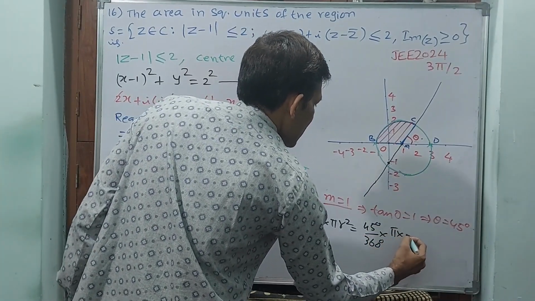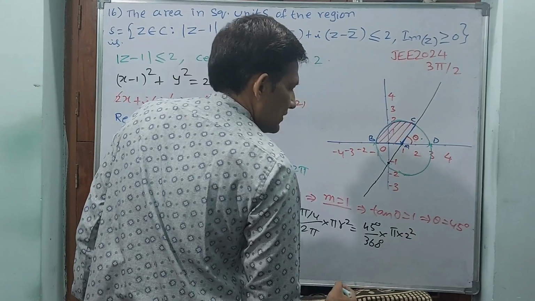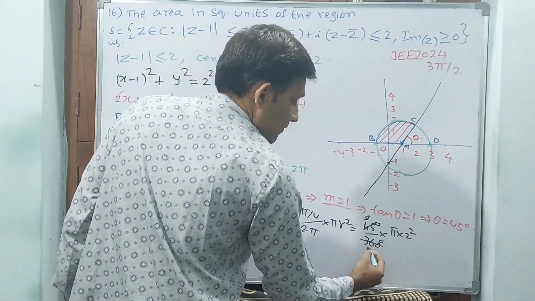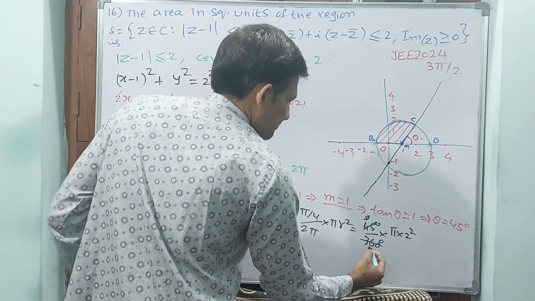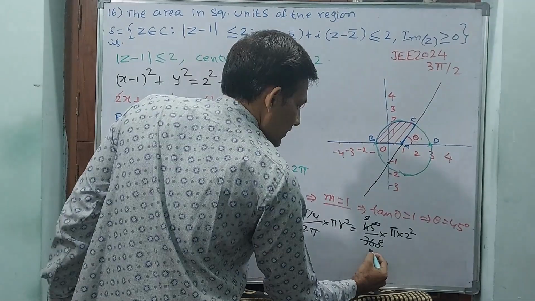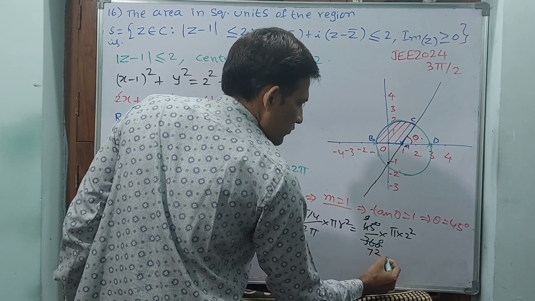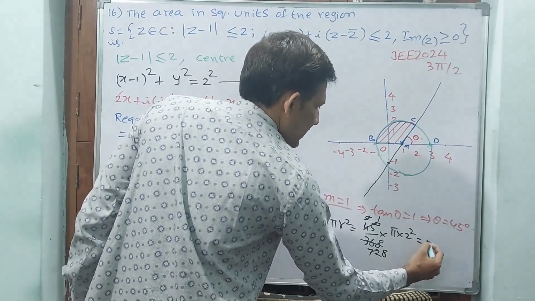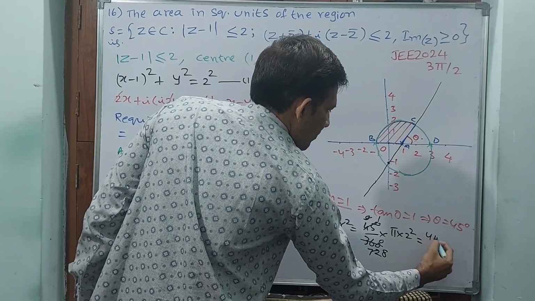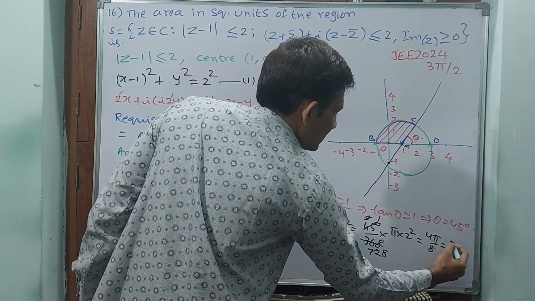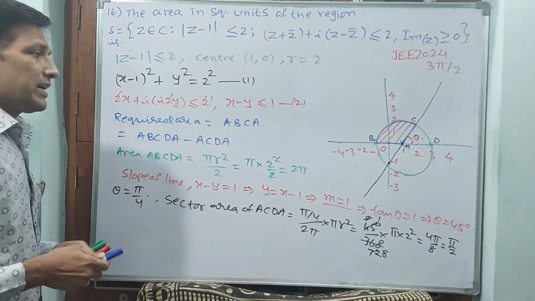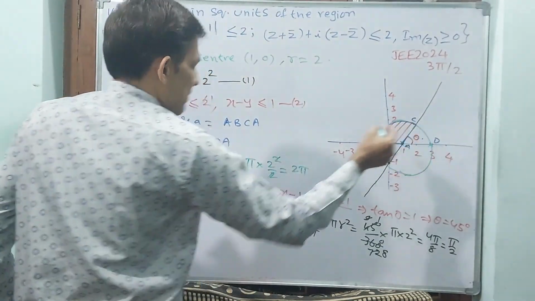Pi into r square means 2 square. That means, see, 4 pi by 8, or else pi by 2. That means, see, this area is pi by 2.